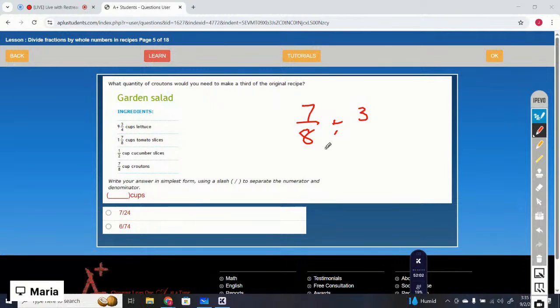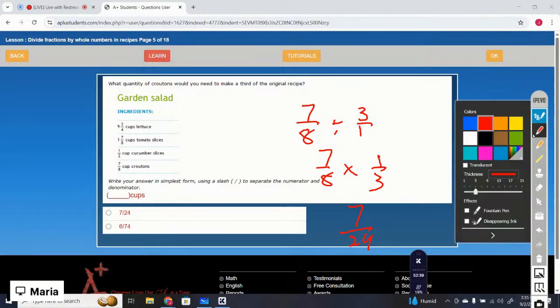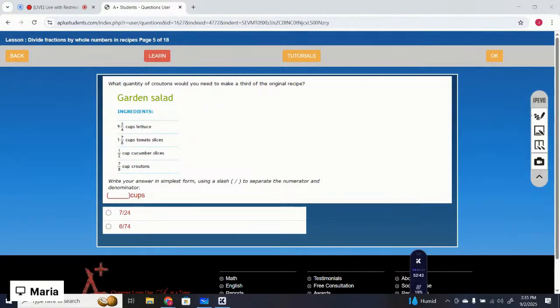So it would be 7 over 8 times 1 over 3. 7 times 1 is 7, 8 times 3 is 24. That is 7 over 24. Option number 1 is the correct option.